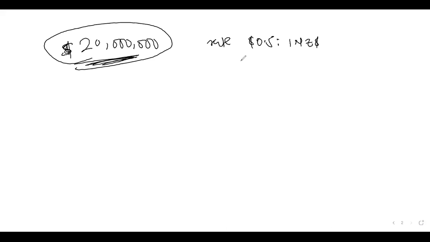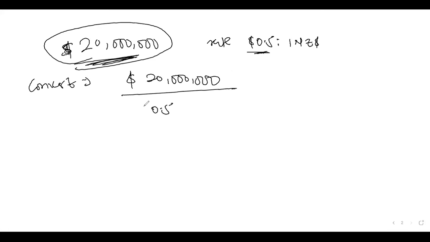So that's why I say you divide. When you convert it, it will be 20 million US dollars divided by 0.5 US dollars per New Zealand dollar. So when you do this, you are going to get 40 million New Zealand dollars, okay?